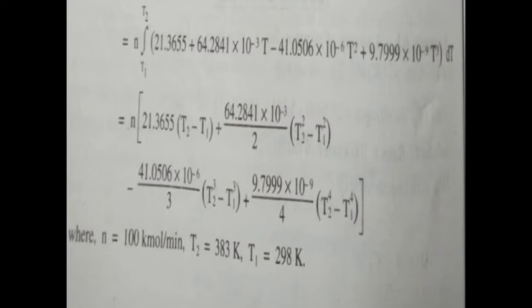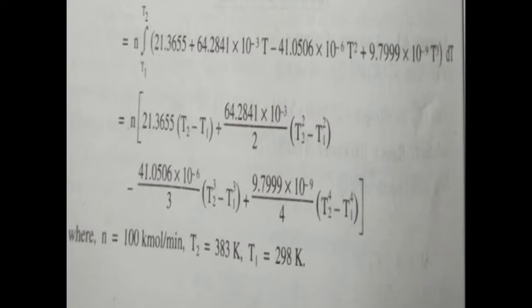Third term minus 41.0506 into 10 to the power of minus 6 t cube by 3. T cube means the upper limit t2 cube, lower limit t1 cube. T2 cube minus t1 cube plus last term 9.7999 into 10 to the power of minus 9 t power 4 by 4. So here t2 power 4 minus t1 power 4, upper limit minus lower limit.